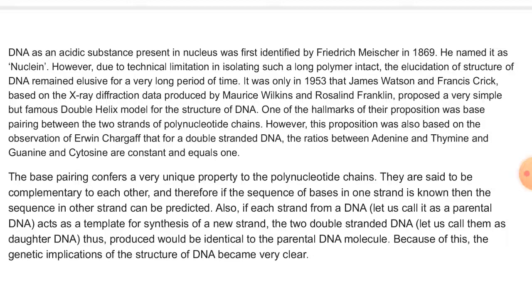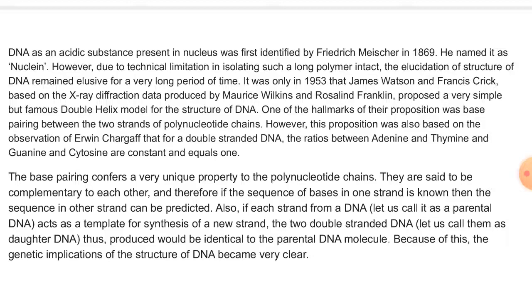The next point of Chargaff's rule was that the base ratio of adenine plus thymine divided by guanine plus cytosine may vary from one species to another but is constant for a given species. So this ratio is constant for one species but it varies from one species to another. Now, this can help us identify a species from the source of DNA, which means it can help us in classification.